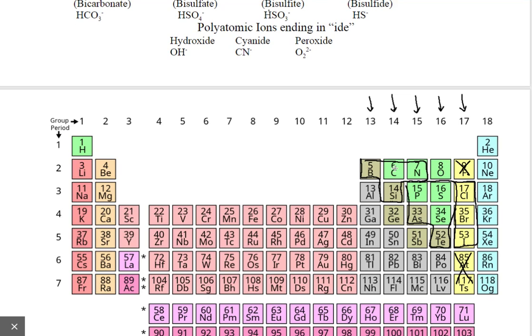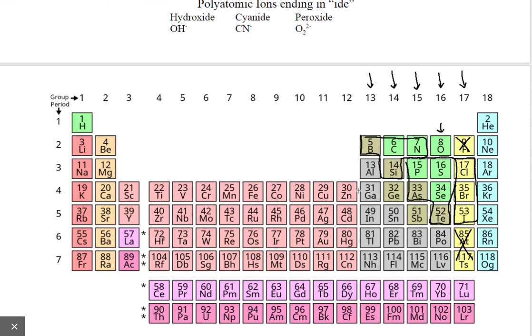We have some just nonmetals, that's the green. The green is just other nonmetals. And then we have a few of the metalloids or semimetals. We have boron, silicon, arsenic, and tellurium in some of our ions. And all of them are being bonded with oxygen. Okay, so oxygen is like the special star of the polyatomic ions.